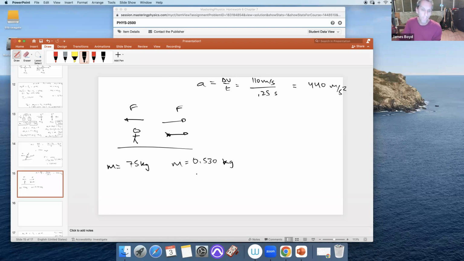So the force on the arrow, or bolt, it's called a crossbow bolt, is the mass of the arrow times the acceleration, or 440 times 0.530, which ends up being 233.2 newtons. That'll be the same force on the man.